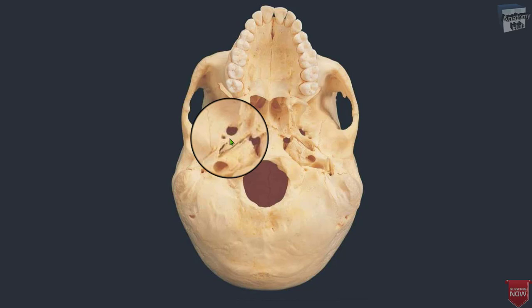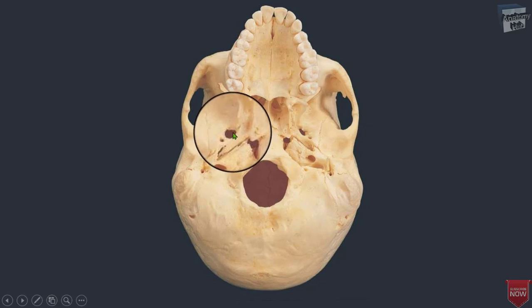Then just anteromedial to that, you will find the foramen ovale, which lies anteromedial to the foramen spinosum at the base of the lateral pterygoid plate of the sphenoid bone.